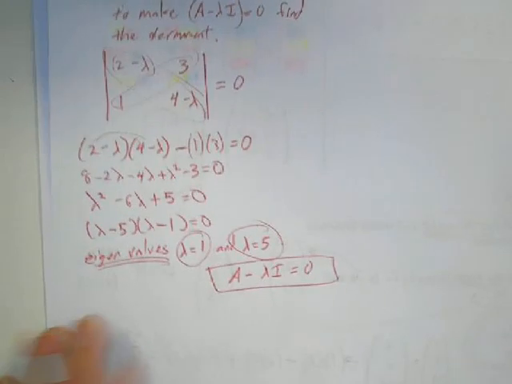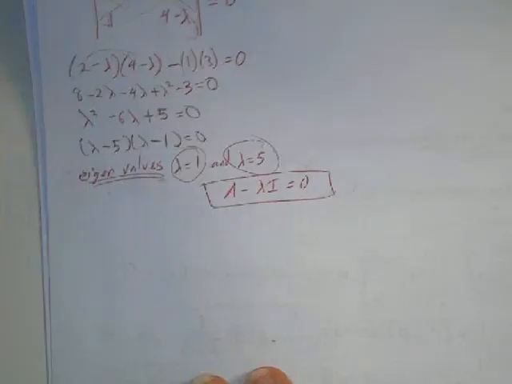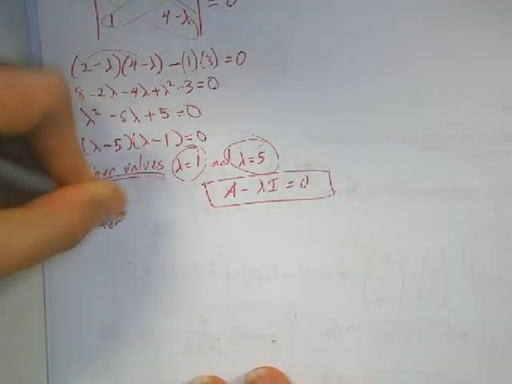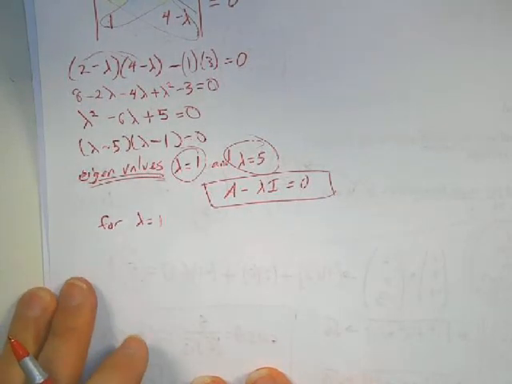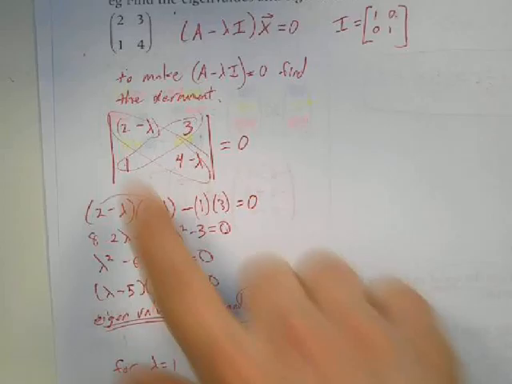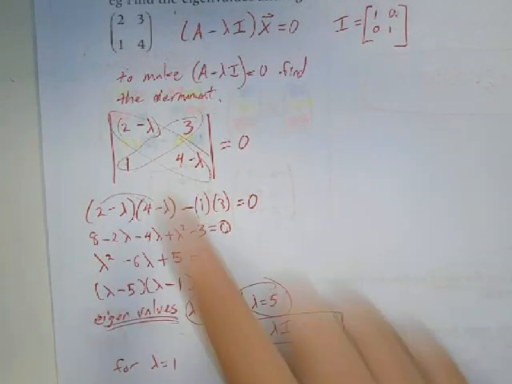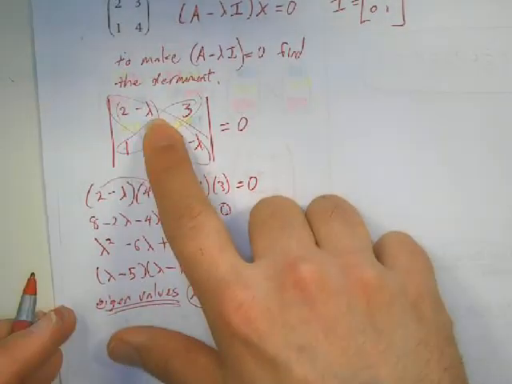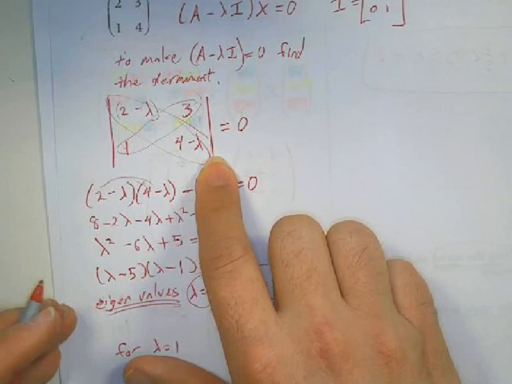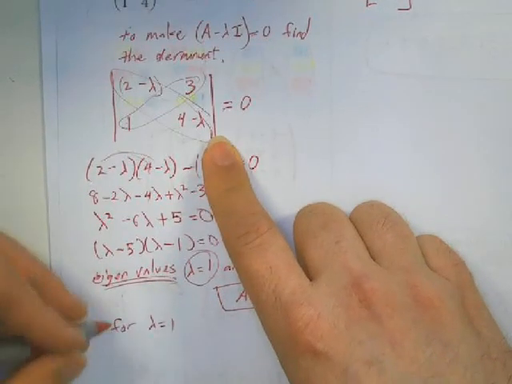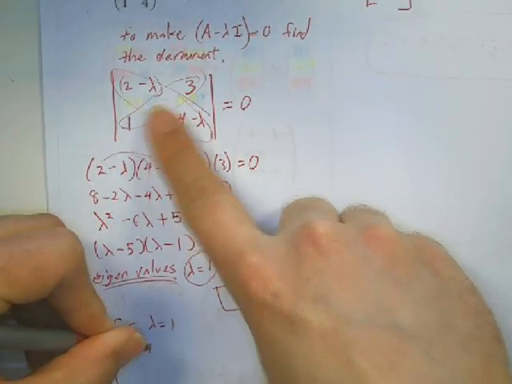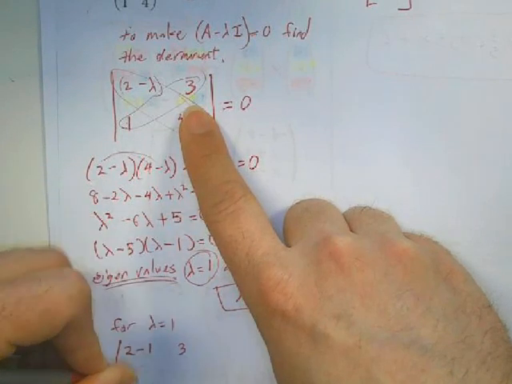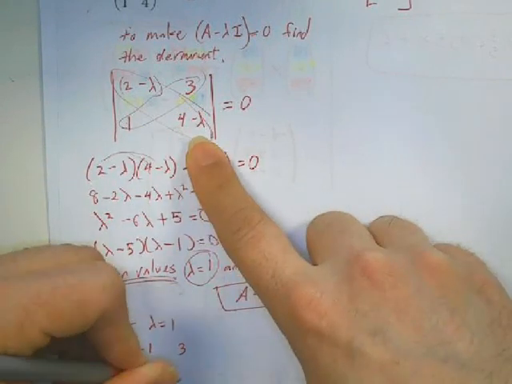For lambda equals 1, I'm going to take this matrix here and replace lambda with 1. So 2 minus 1, and then 3 and 1, and then 4 minus 1.